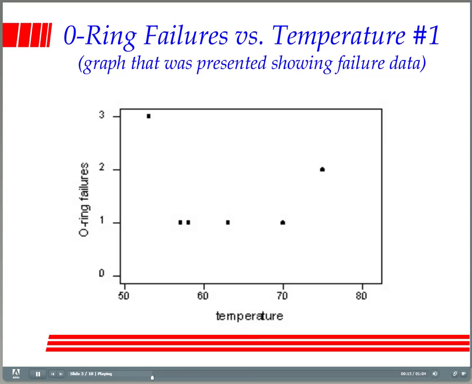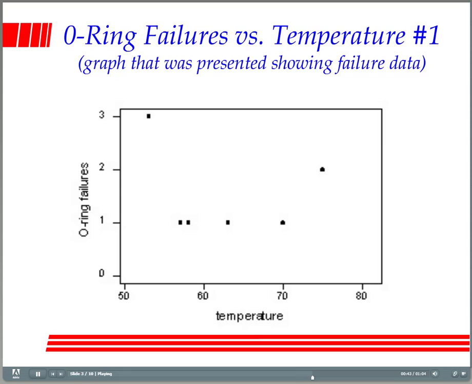Here you see the number of O-ring failures on the left and the temperature of launch on the right. The data point on the far left represents the coldest launch that they ever did, which was at 53 degrees. Incidentally, the launch temperature that they were dealing with was around freezing at this point in time.